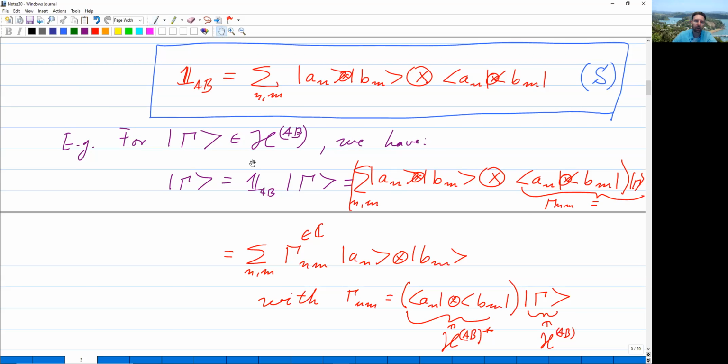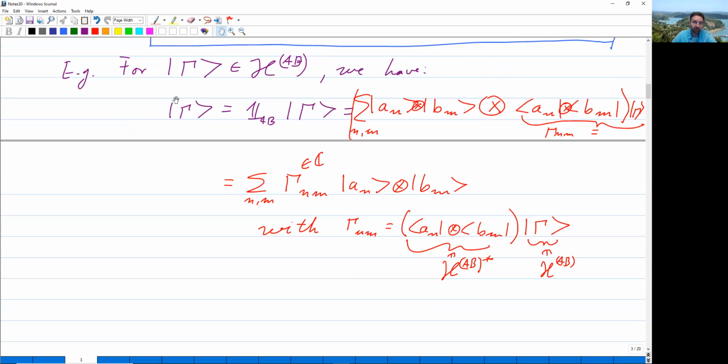Okay, so we have now expanded an abstract vector of the Hilbert space of the big system in terms of a basis, and we got a wave function for that state in that basis here. And notice that this gamma has a wave function with two indices.